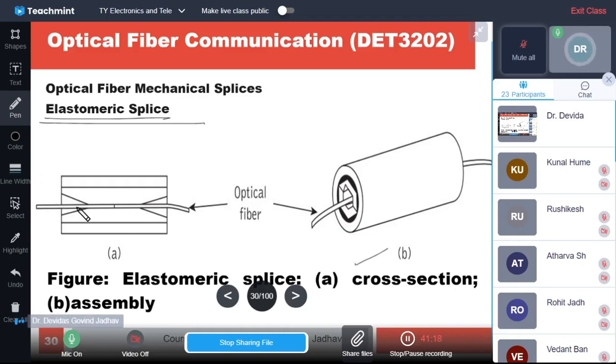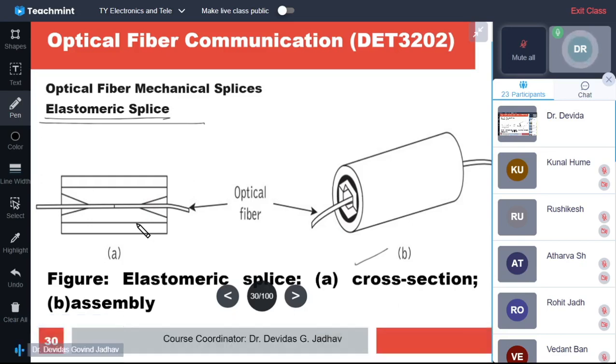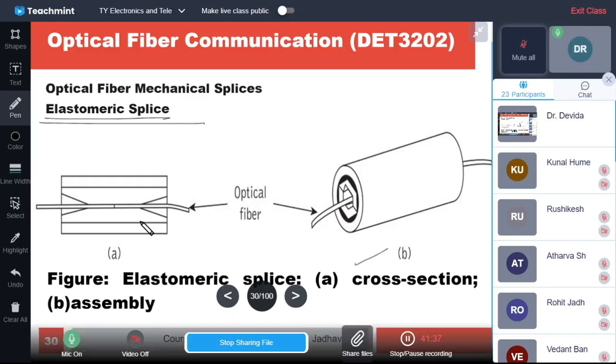So this is the fiber and these are elastic materials which provide the pressure on the fiber to hold it. Obviously index matching is there to provide additional bonding and matching of the refractive indices. This is the extension or variant of the V groove, but it has a simpler assembling technique.